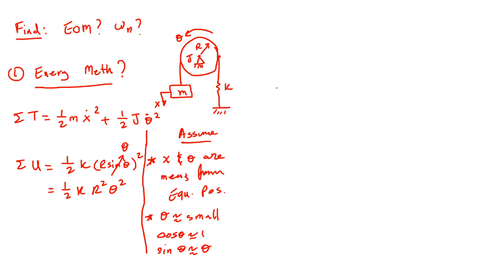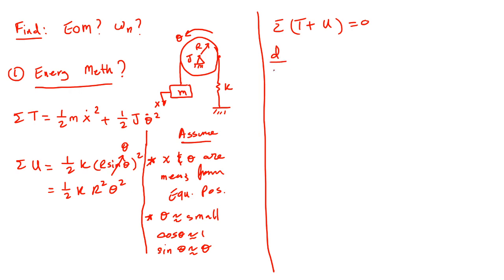Good? All right. So to find the equation of motion, the summation of the total kinetic and potential energy must be constant all the time. Not 0, sorry, this is constant.